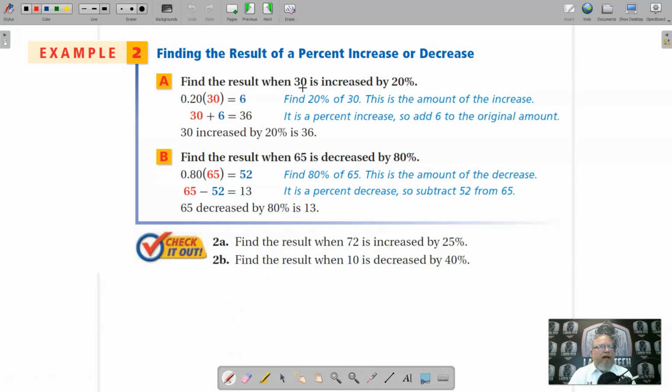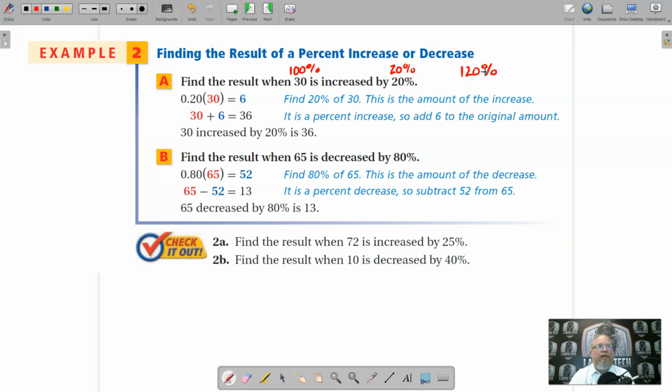If you're paying an increase, 30 increased by 20%, right? So technically, you are paying 100% of the original cost, plus you're paying another 20% for the markup. So if you add these together, 100 plus 20 is 120%.